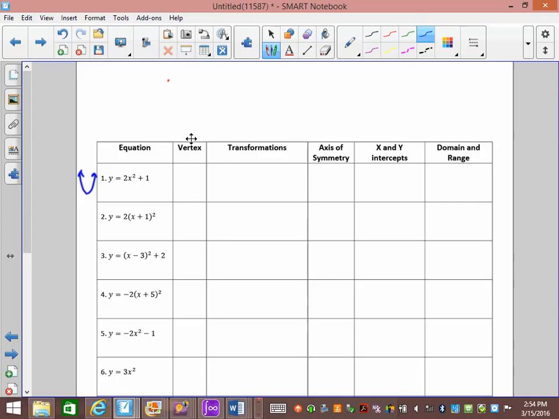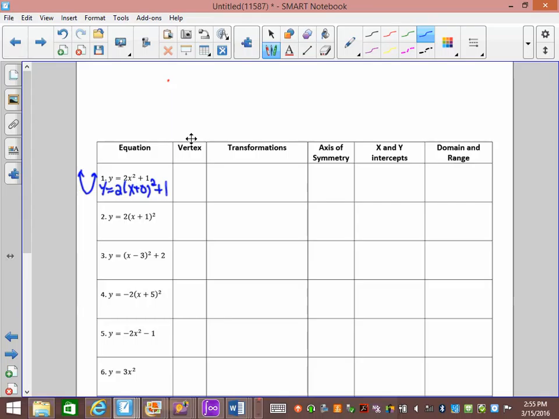What's the p in this equation? I can write this as y equals 2 times (x plus 0) squared plus 1. That's how I could write it if I want to, because there's nothing with my x, it's just by itself, so x plus 0.